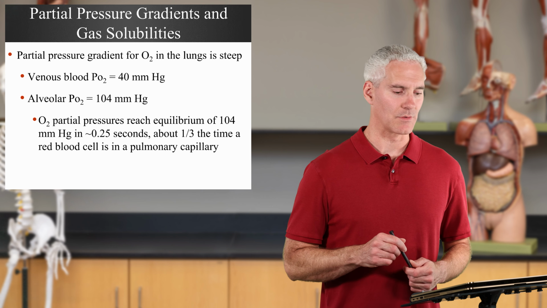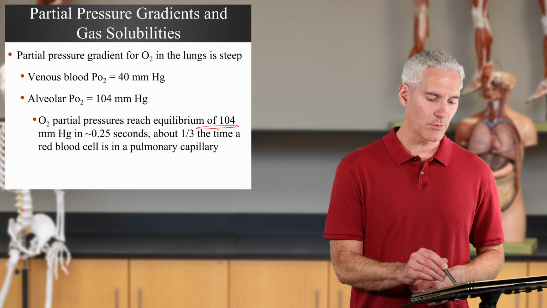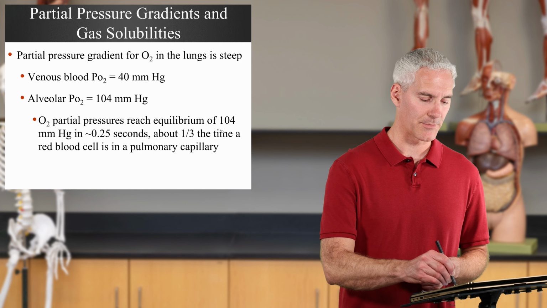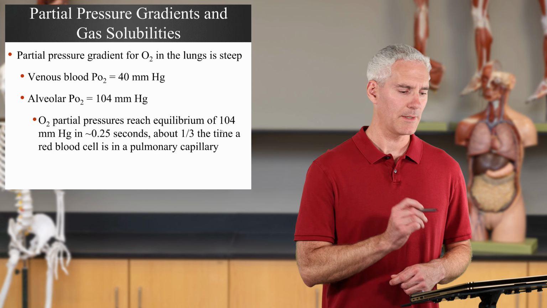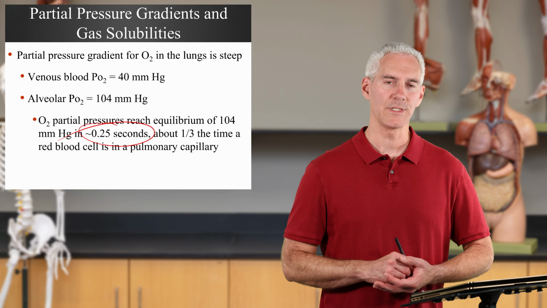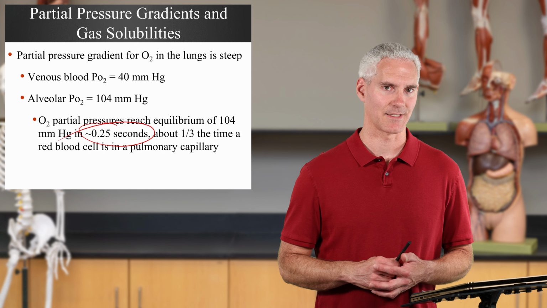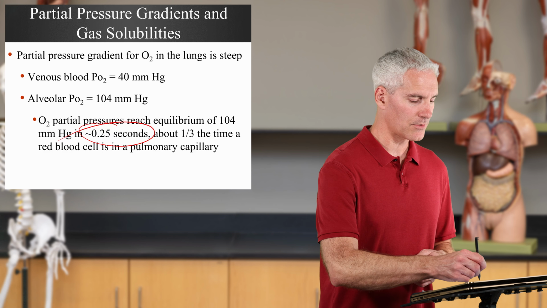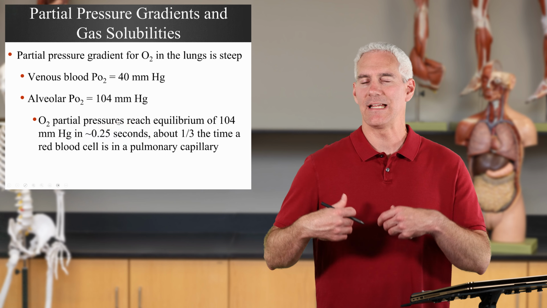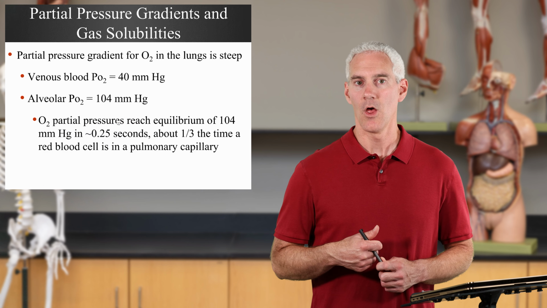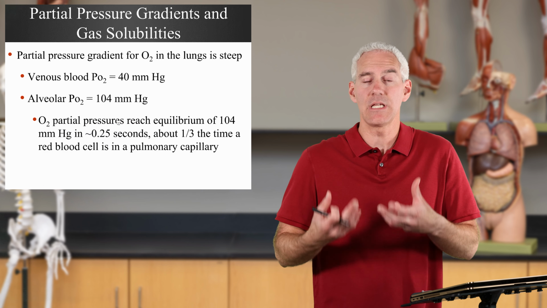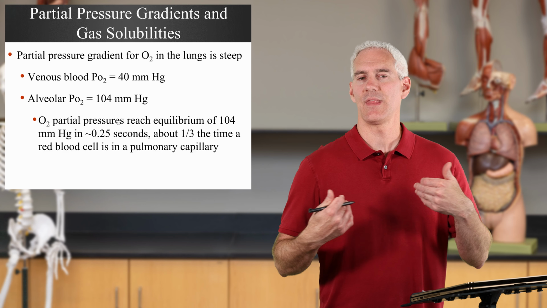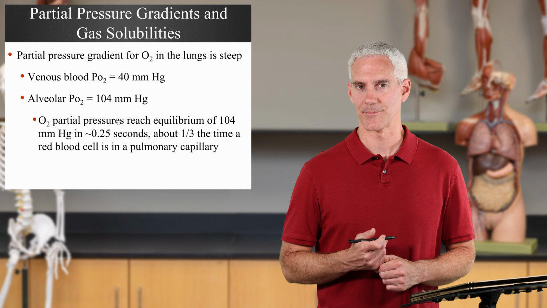Now, as far as this goes, reaching the equilibrium of 104 millimeters of mercury takes only about 0.25 seconds. That's about a third of the time the red blood cell is actually in your pulmonary circulation. Because the air that's in your lungs, you keep breathing. So you keep that 104 millimeters of mercury pressure.